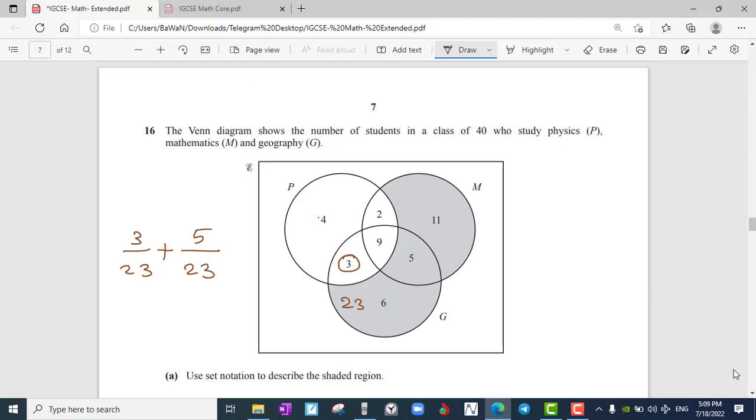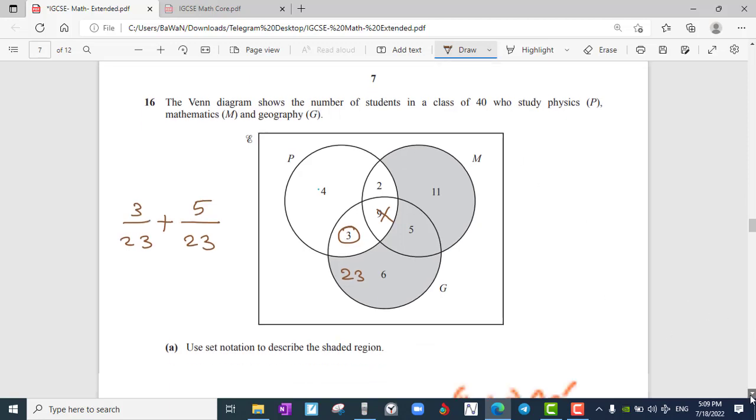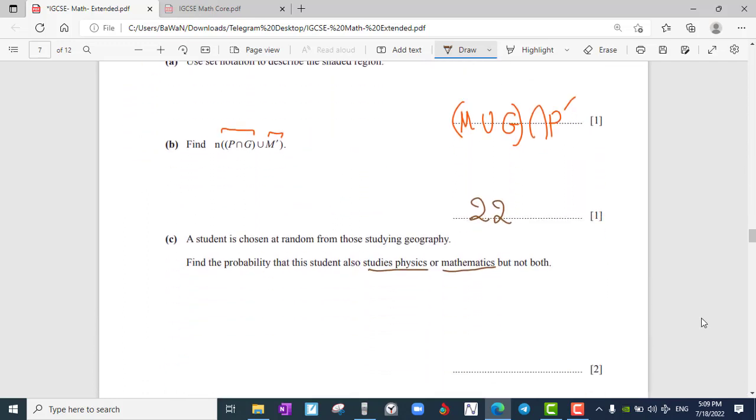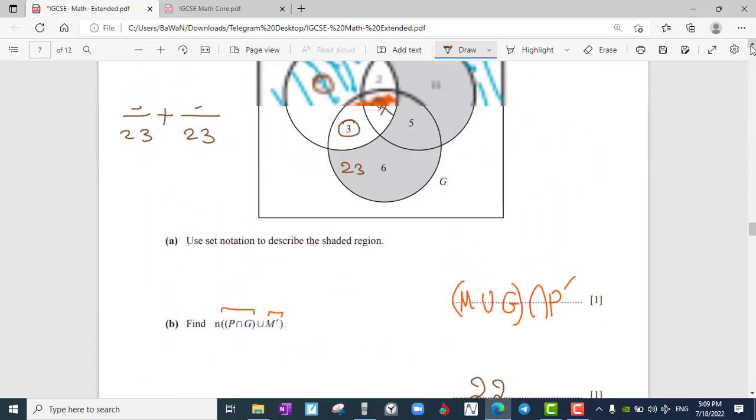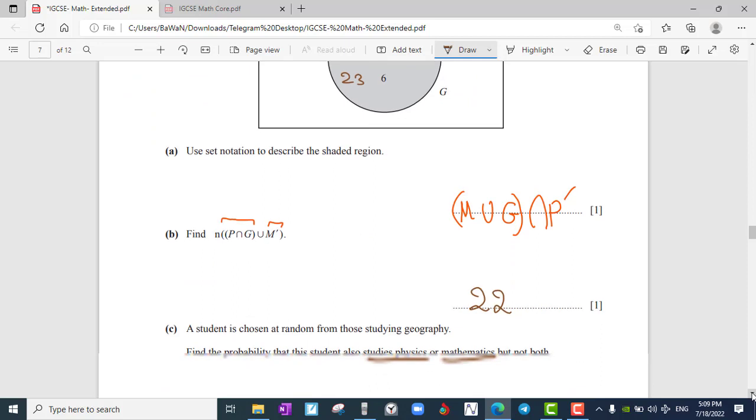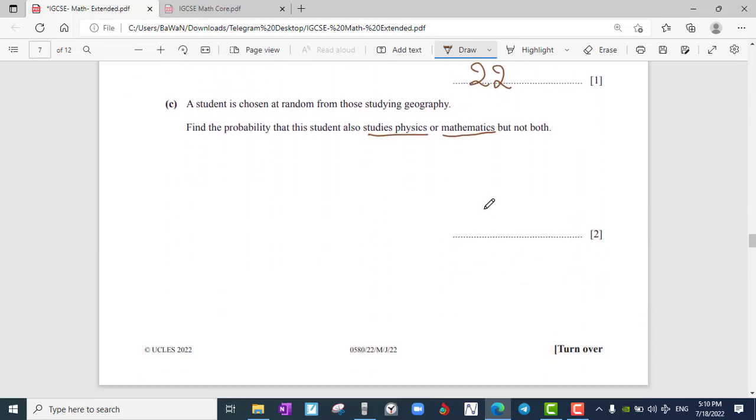Together that is 8 out of 23. This 9 is ignored because the question says not both. We want someone who studied geography and physics, or someone who studied geography and math. So 3 plus 5 is 8 out of 23. 8 out of 23.